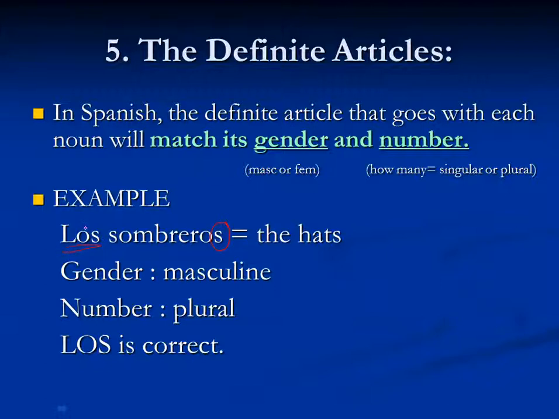We know that's masculine because there's an o for los, and then also the o here for masculine. We got the gender, masculine, the number, plural. So we're going to be saying los.